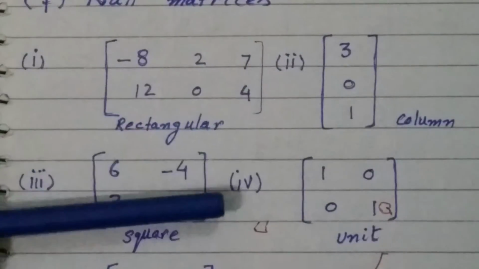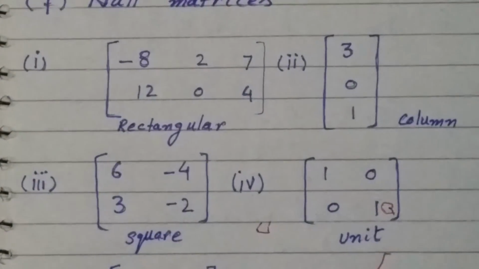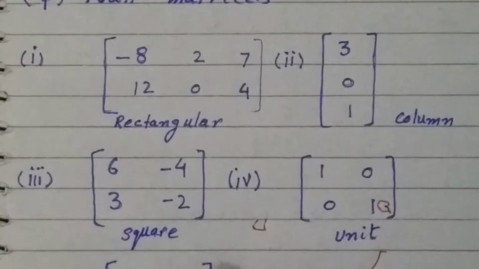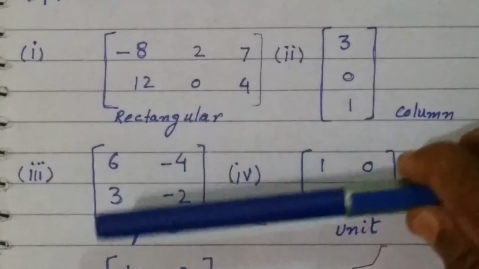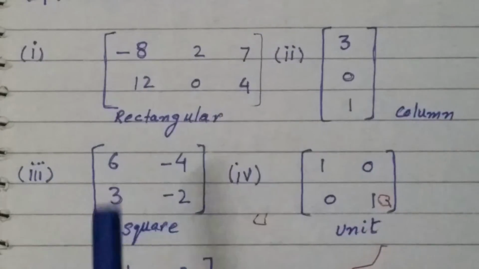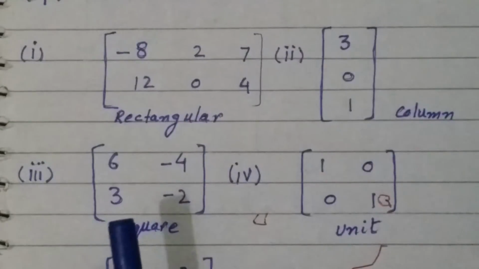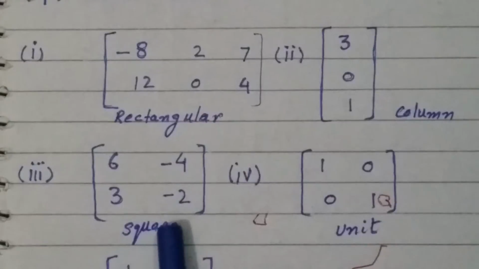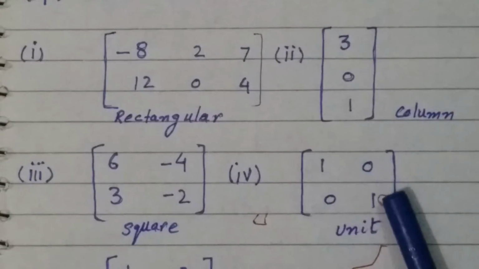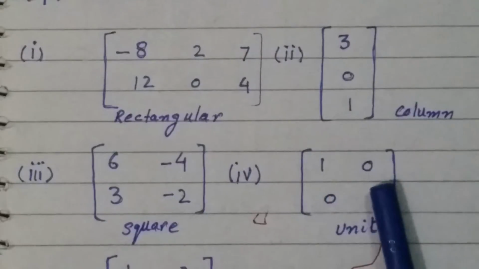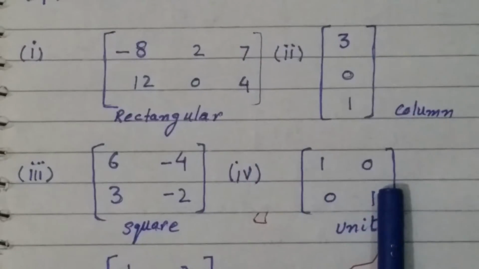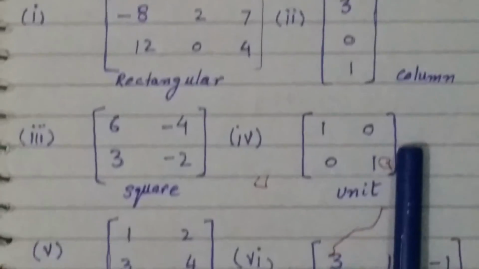It has 2 rows and 2 columns as well, so this is called square matrix. If the number of rows is equal to the number of columns, the matrix is called square matrix. Here again, this matrix has 1s in the diagonal and all other elements are 0, so it's a unit matrix.